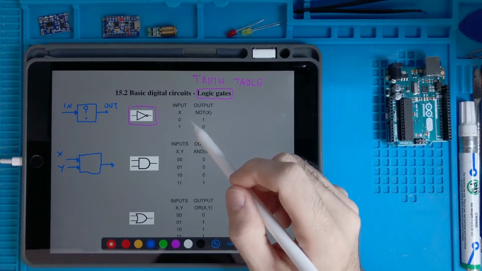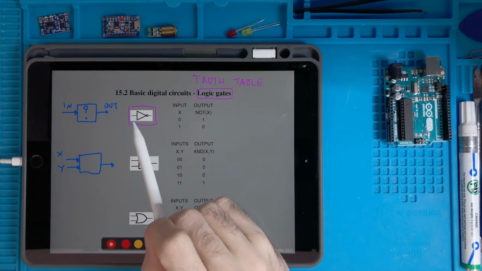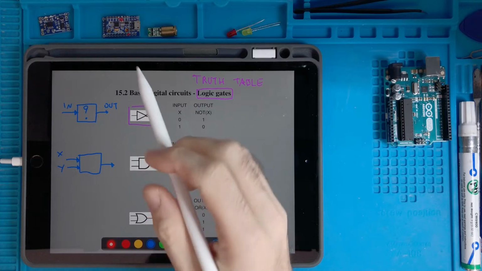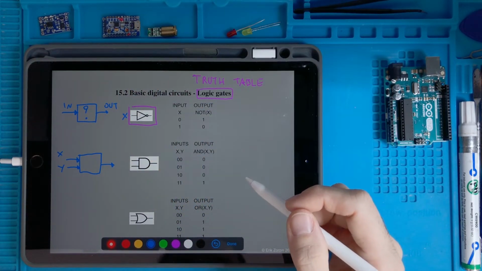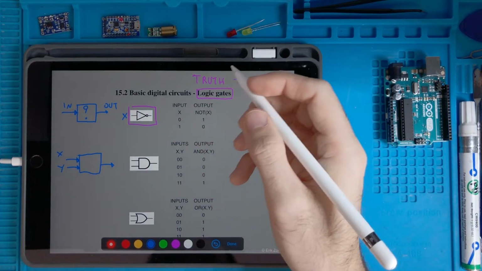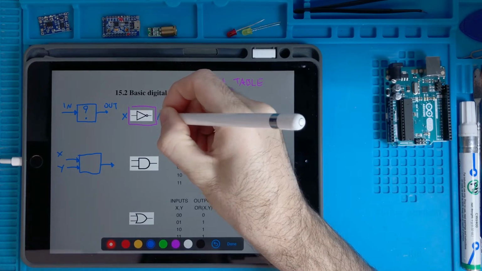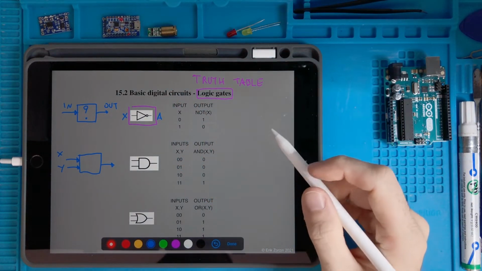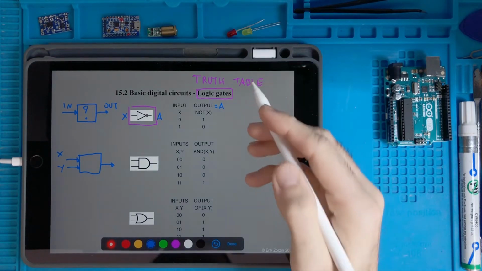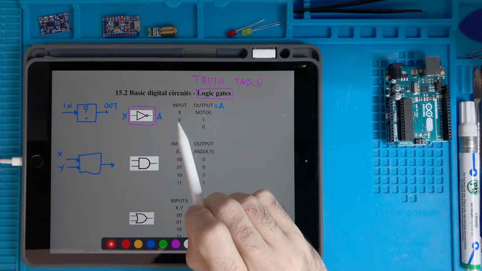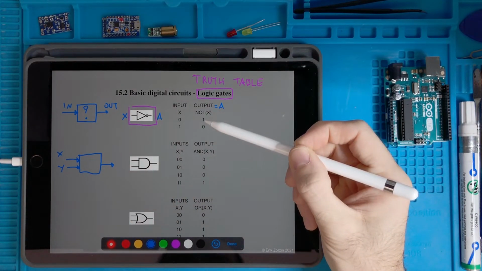So now I want to be able to define a circuit that works like this. It has an input we call X, and the output, let's call it A, behaves like this. If the input is 0, we want the output to be 1.